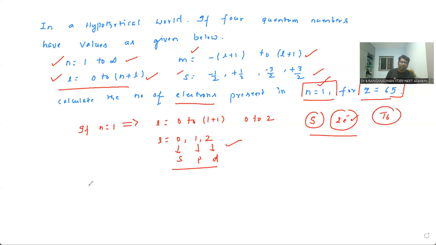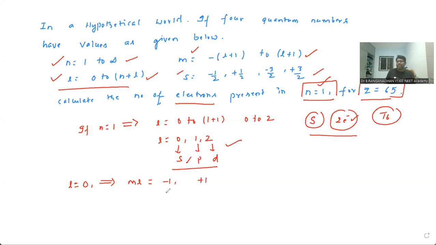For example, first L equals 0, which means the s orbital. Then what about m? Substituting L value 0 in minus L plus 1 to L plus 1, we get minus 1 to plus 1.